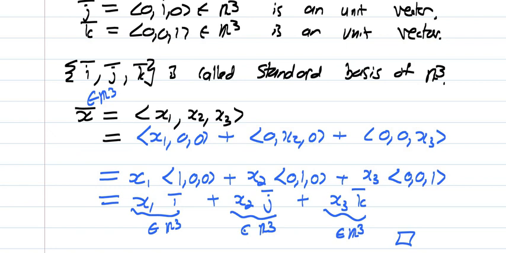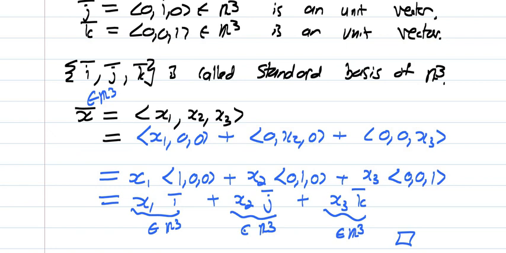That's quite a lot to write. And again, notice the notation. x1, x2, x3 are scalars, so no lines on top of them. i, j, k are vectors, and hence we're putting lines on top of them. So that is just a little explanation of what any vector x can be.